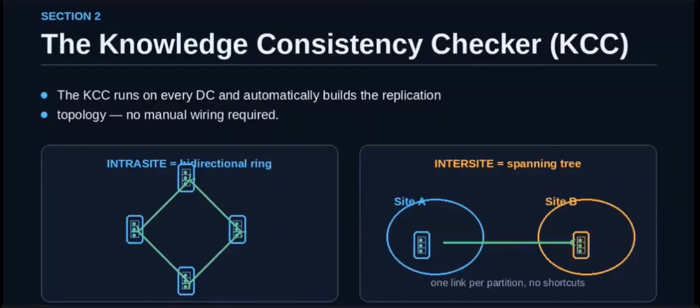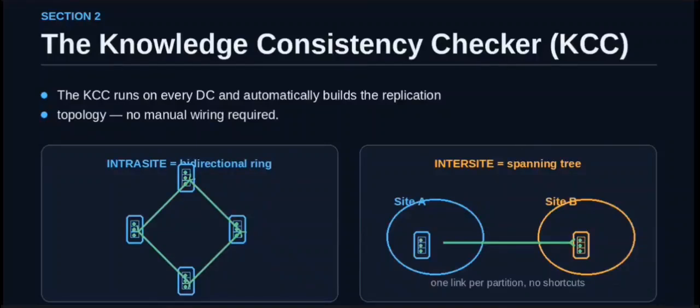Every domain controller has its own KCC running in the background. Its job is to automatically decide which domain controllers should replicate with each other inside the same Active Directory site. The KCC usually connects the domain controllers in a two-way ring, so this way every domain controller can quickly pass updates to its neighbor domain controller.